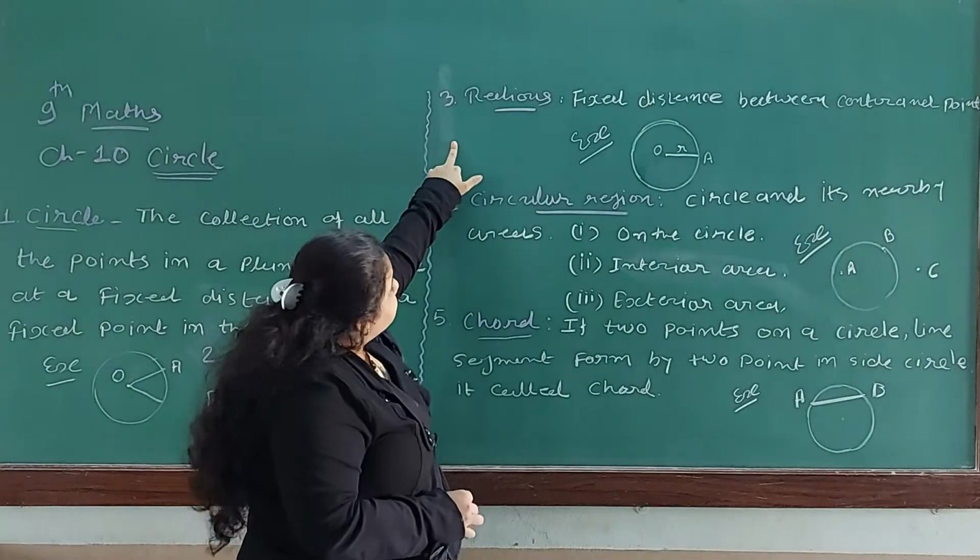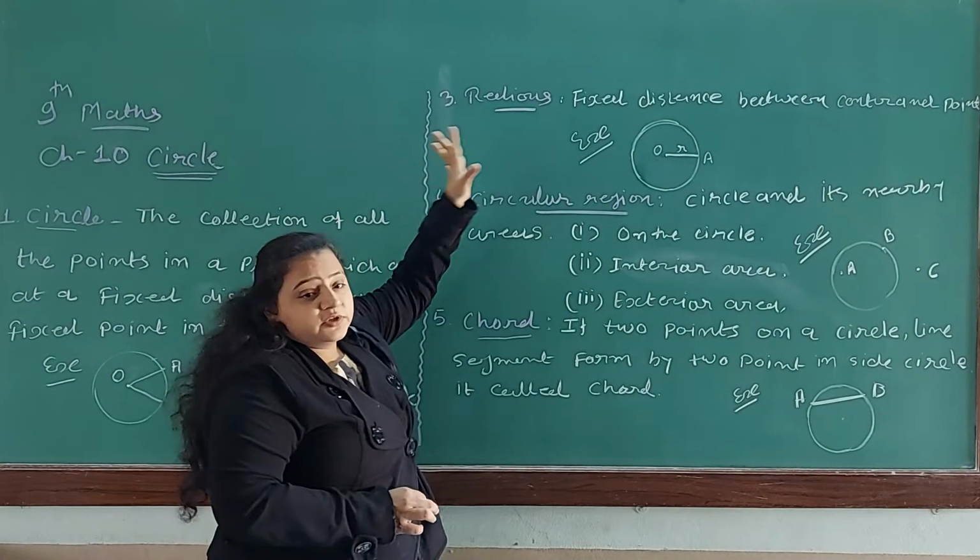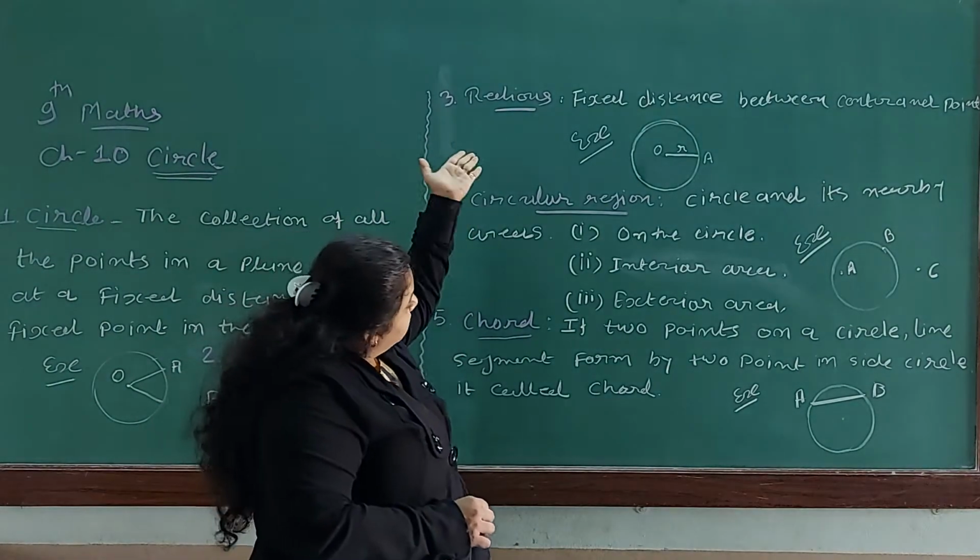Third definition, radius of a circle. Now, what is the definition?